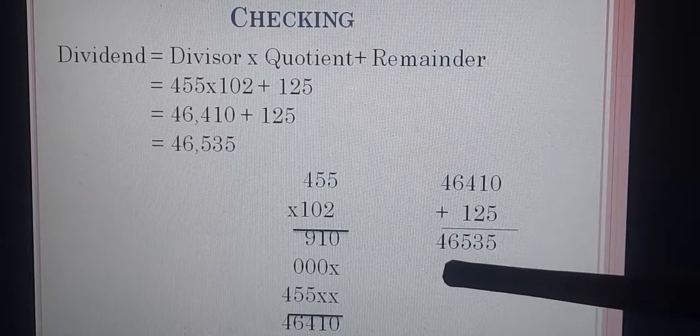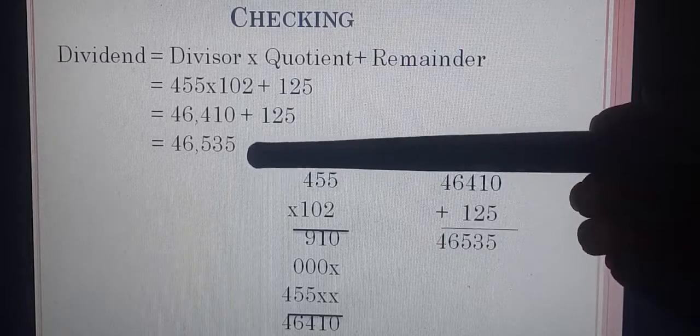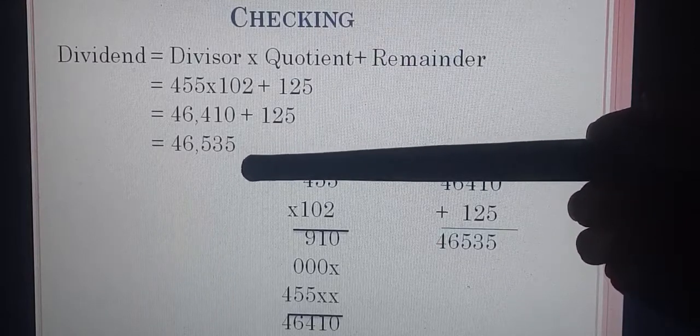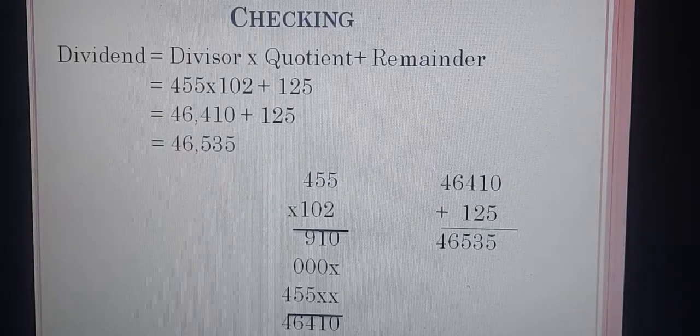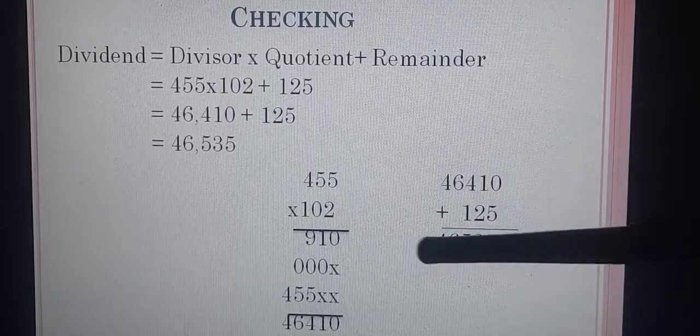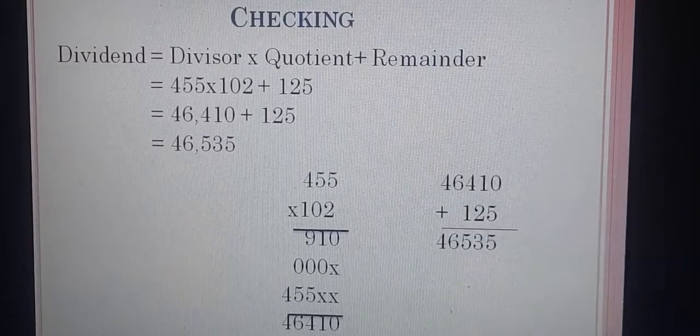So we will get 46,535, which is our dividend. So we have checked it. You can write down here hence proved or hence checked. And if you are not getting correct answer, then definitely you have to check your division and then here this multiplication and addition.